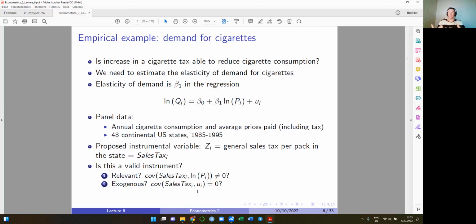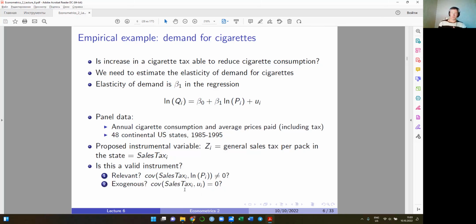So reasonably, we can tell a story that sales tax is not correlated with other determinants of demand. And that's basically how any empirical research that uses instrumental variables proceeds. You need to tell a story. You are not able to formally check that there is no covariance because you don't know what is hidden in this error term.